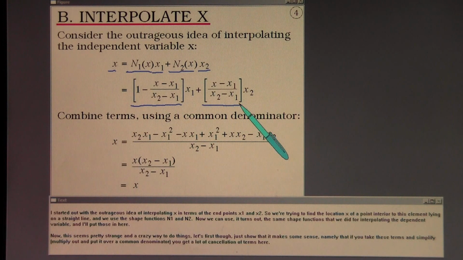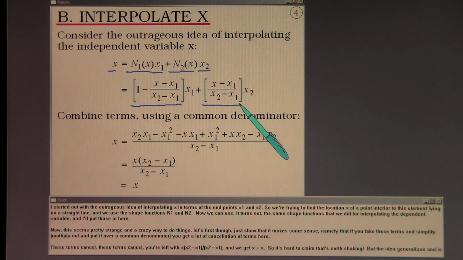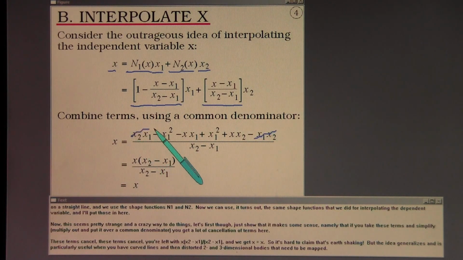Now, this seems pretty strange and a crazy way to do things. Let's first, though, just show that it makes some sense, namely that if you take these terms and simplify, multiply out, and put it over a common denominator, you get a lot of cancellation of terms here. These terms cancel, these terms cancel.